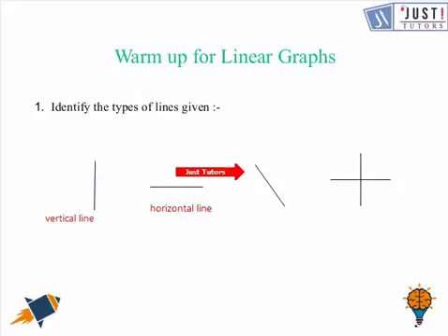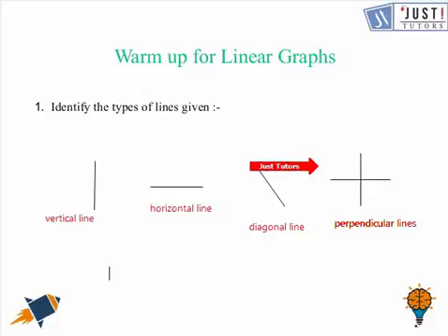Then the third one is a combination of up and down and left right, so we call it a diagonal line. Then the last one, the pair of lines we have there, are perpendicular lines. If you have correctly identified all these lines, well done, pat your back.